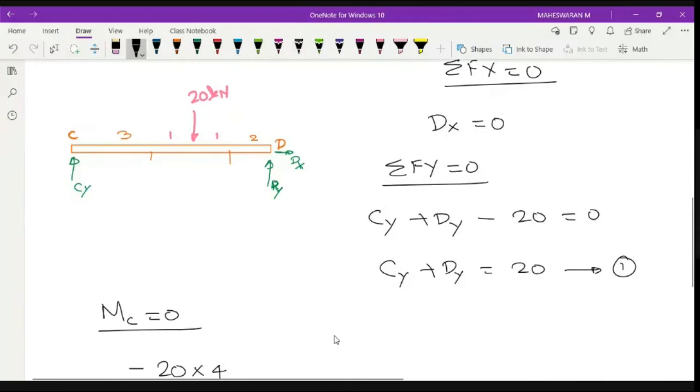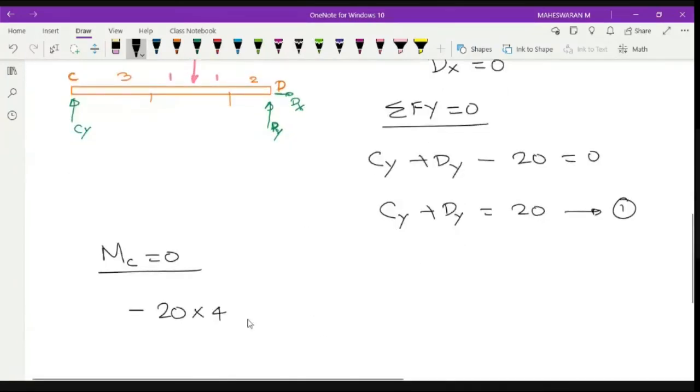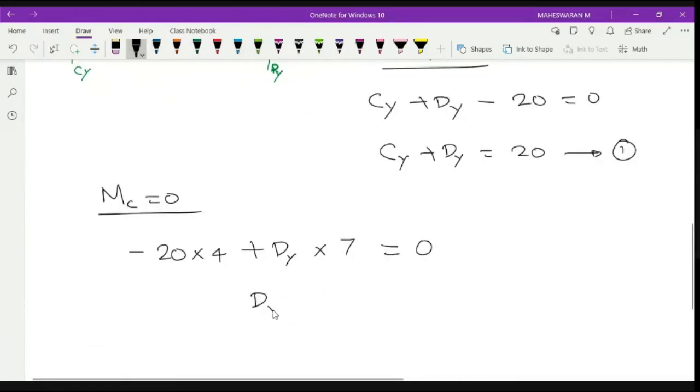This Dy is anti-clockwise, so plus Dy into 2 plus 1 plus 1 plus 3, so 5, 6, 7, is equal to 0, right? Because Dx doesn't have distance, that is 0 already. So what is your Dy? 11.4, sir. Yeah, it is 11.4 kilonewton, right?